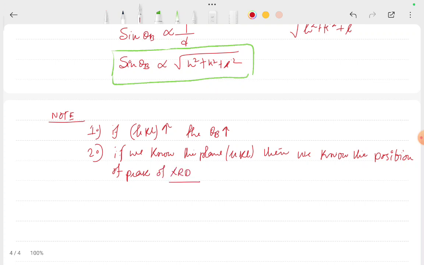This is very important, and this is the practical part. When you do some practical on XRD in your masters, then you will know all these things. This is the importance of Bragg's law, which I just highlighted here.